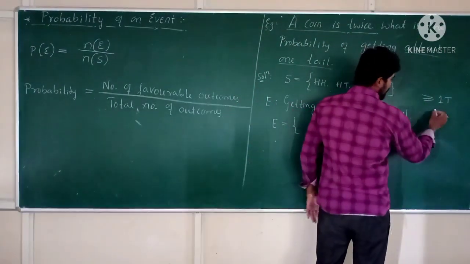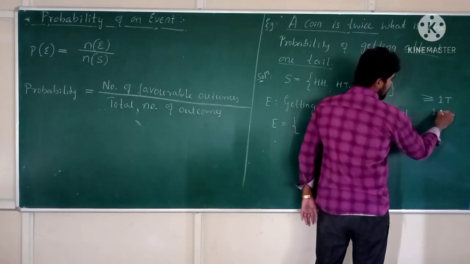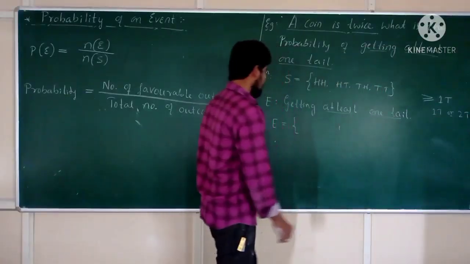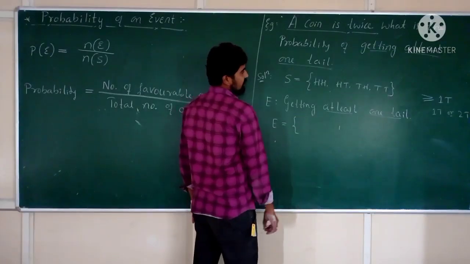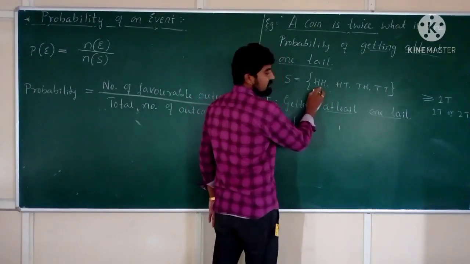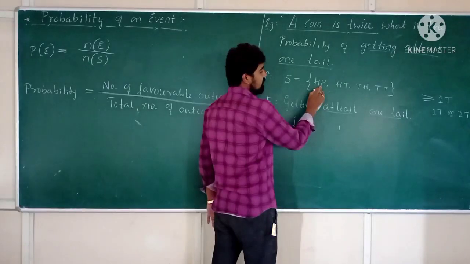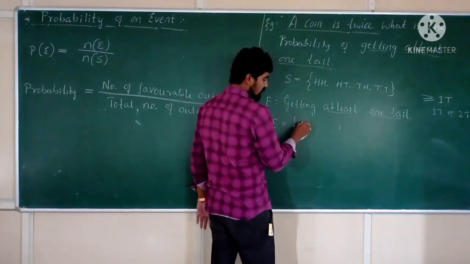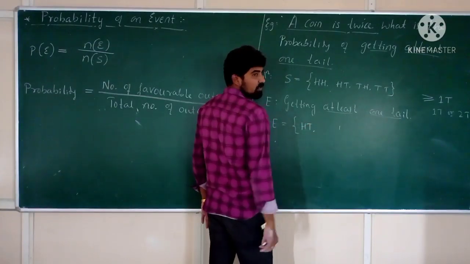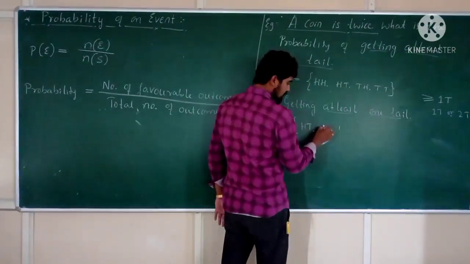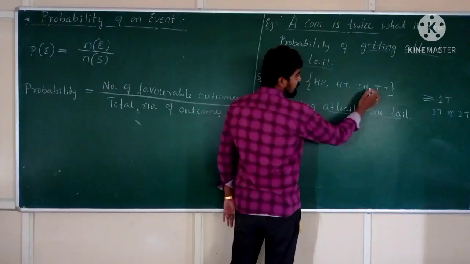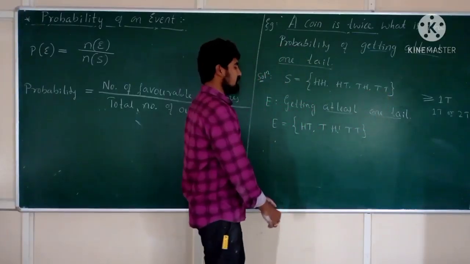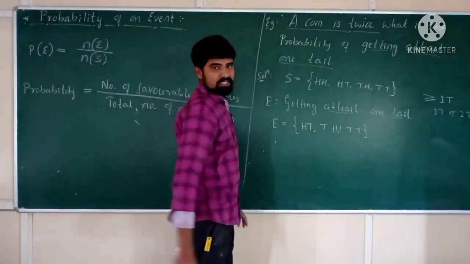Therefore, the possible outcomes of the event E: HH consists of zero number of tails. Therefore, this outcome is not present in the event E. HT consists of one tail. Therefore, HT is one of the possible outcomes of the event E. And TH consists of one tail. And TT consists of two tails. Therefore, these are the three possible outcomes which are present in the event E.